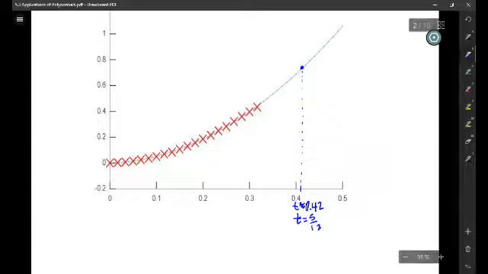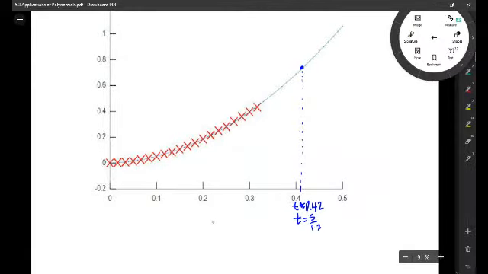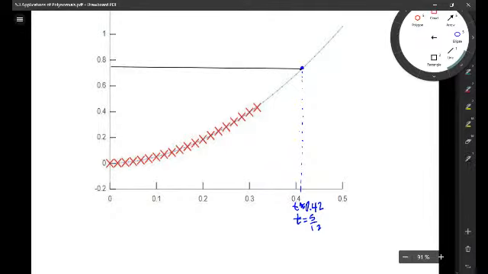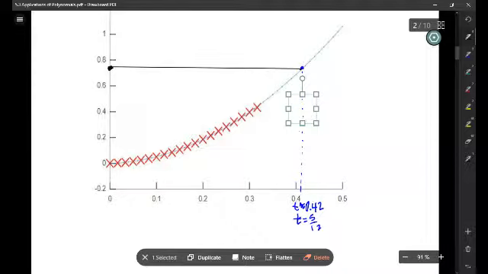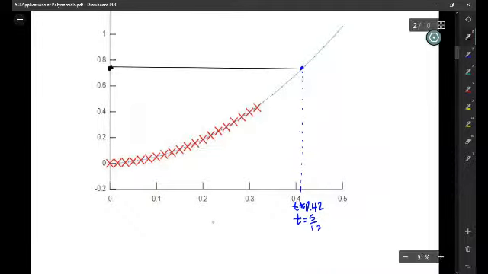And if we project back, maybe somewhere right about here. That looks like a little bit more than 0.7, because right here would be 0.7, halfway between 0.6 and 0.8.